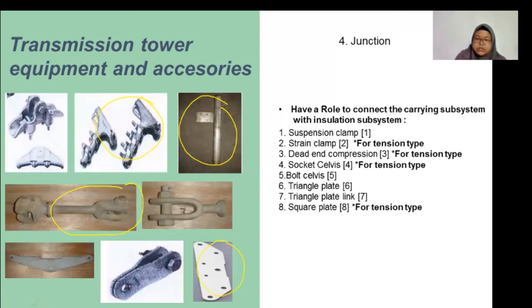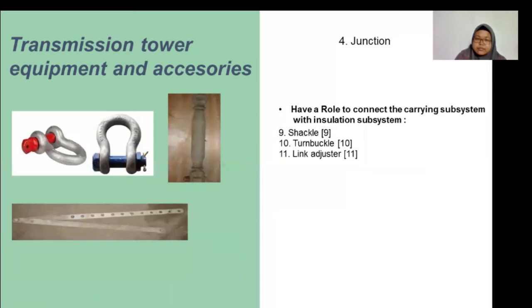And after that, this is junction function that has a role to connect the carrying subsystem with the insulation subsystem. This is a shackle, and this is turnbuckle, and this is link adjuster.